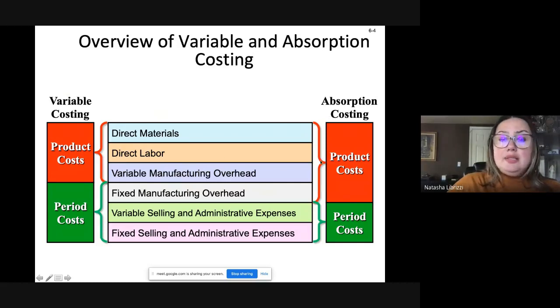Under absorption costing, you can see we have one more cost that we grab for product cost, which is fixed manufacturing overhead. And this is GAAP. This is required by the stock exchange, whoever you have official GAAP requirements to report to, this cost should be included. And period costs that we already talked about, right? Administrative costs, marketing costs that are fixed and so on, not per unit, would be put into the period cost right here.